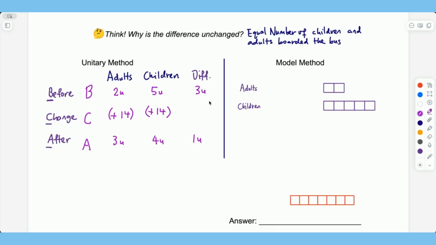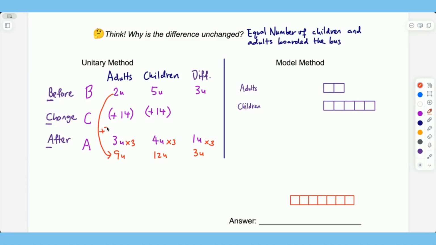Since the difference should remain constant, the difference should remain unchanged, we have to make this 3 units and 1 unit to be the same. Hence, this whole row here, I will times 3. I will get 9 units, 12 units, and 3 units. From 2 units of adults, I get 9 units of adults.